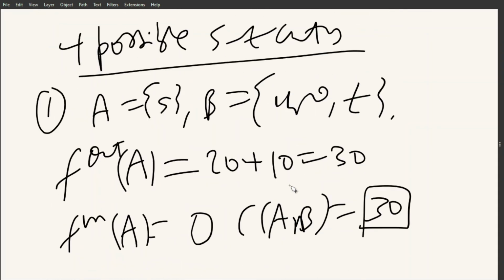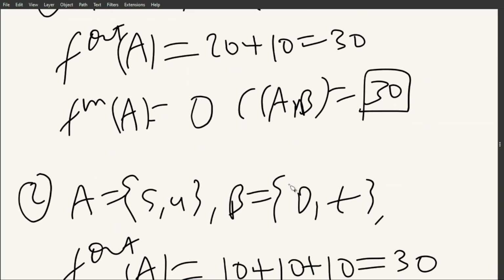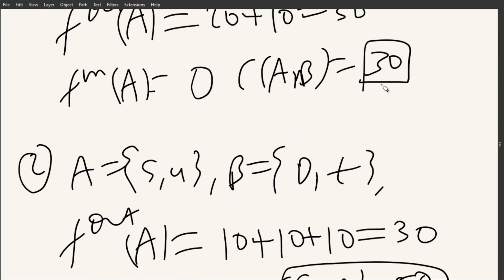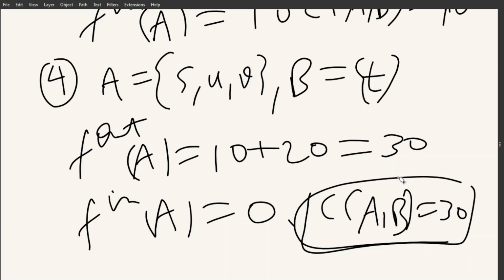So the minimum cut here is 30. In two cases we are getting 30. So actually max flow is 30 and min cut is also 30. Max flow is equal to min cut we are getting. So now we'll prove the equality, the Max-Flow Min-Cut Theorem.